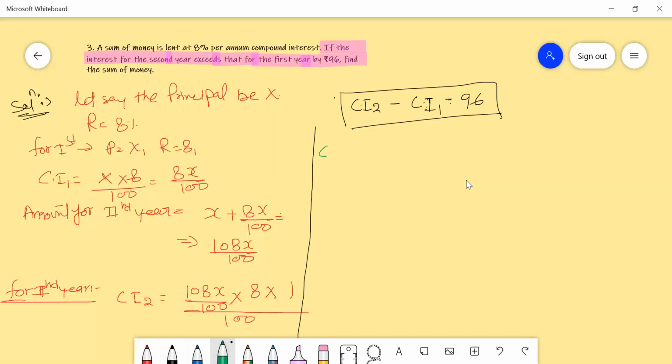So we write 108x into 8 upon 100 into 100, that is 10,000. So when we calculate this, 8 times 8 is 64, so 864x upon 10,000. So the amount for second year is your final amount.